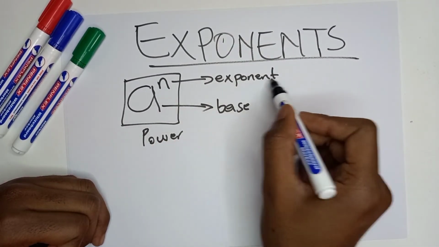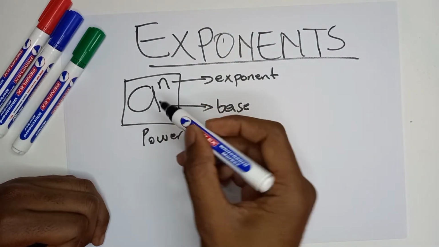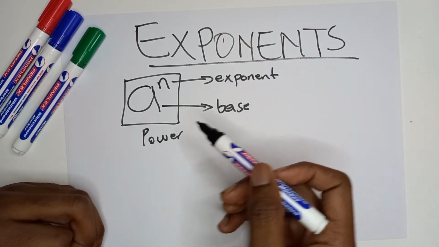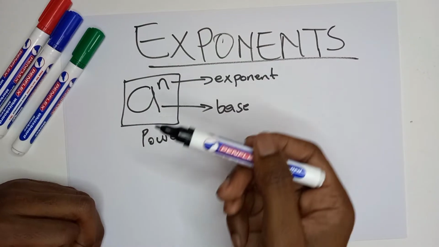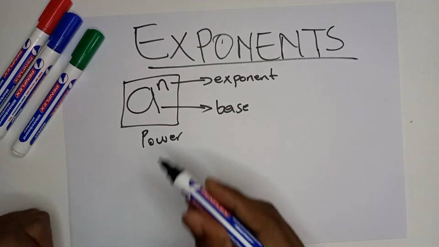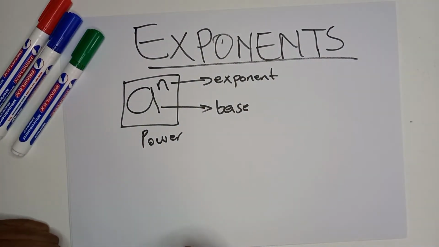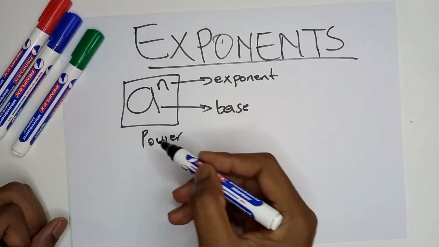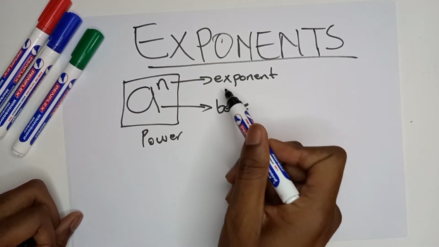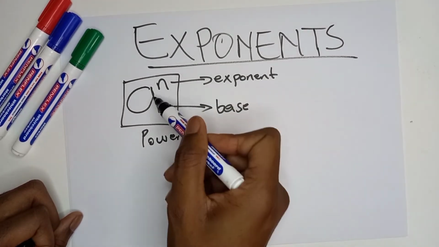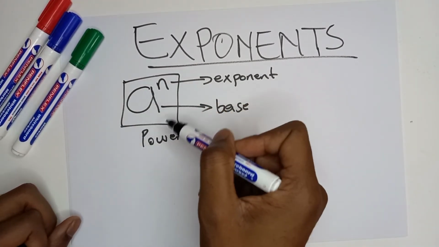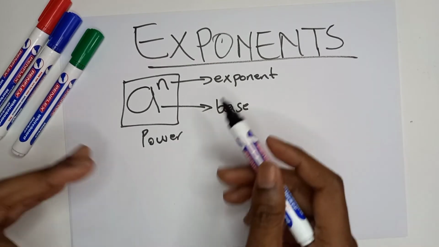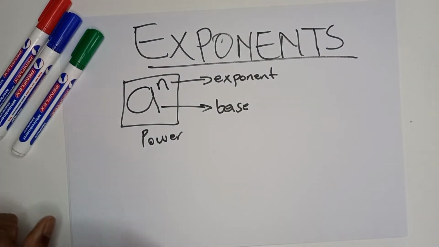The exponent defines how many times the base is being multiplied by itself. We usually call the whole thing exponents to make it simple, because the main focus is the exponent, which defines how this whole power behaves. So we usually just say exponents.